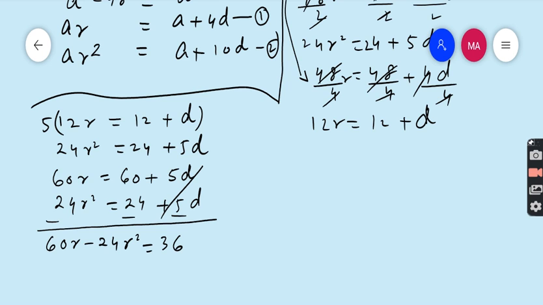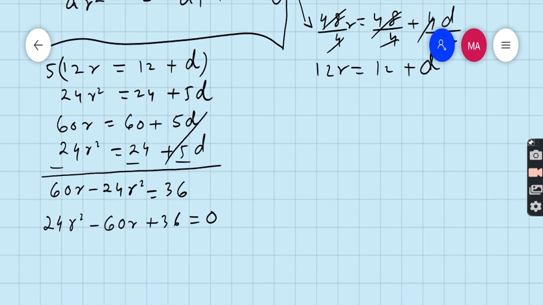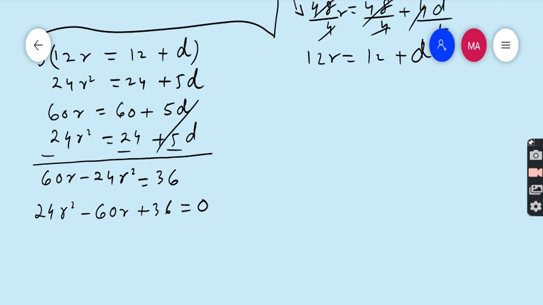Shift both r square and r terms to the right hand side. It is 24r square minus 60r plus 36 is equal to 0. Again we have to do division in order to make the coefficients smaller.